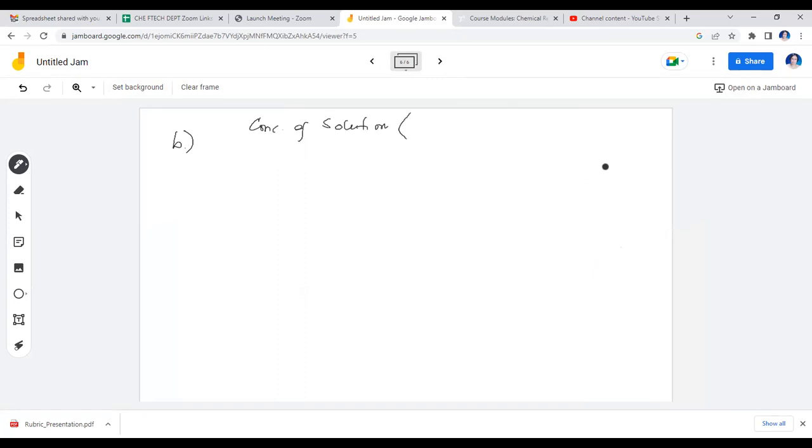This can be represented either as X or Y. And this is kilogram solute per kilogram solution. Okay? Concentration of solution. The other one is amount of solution removed. Other column.